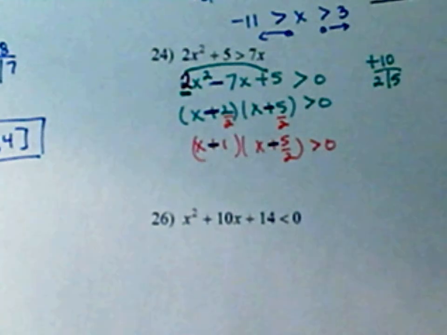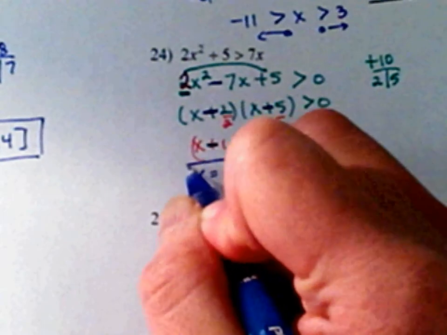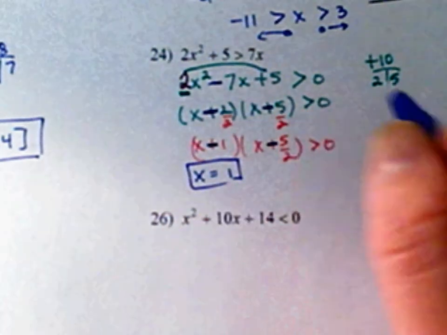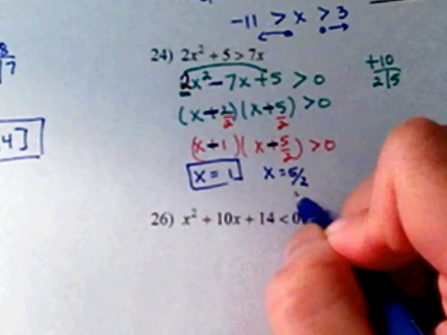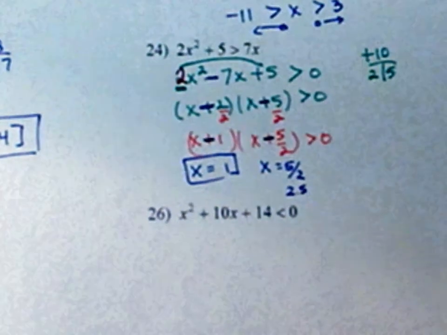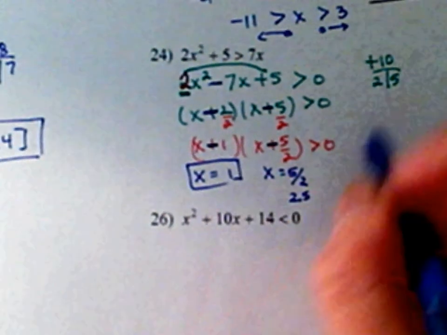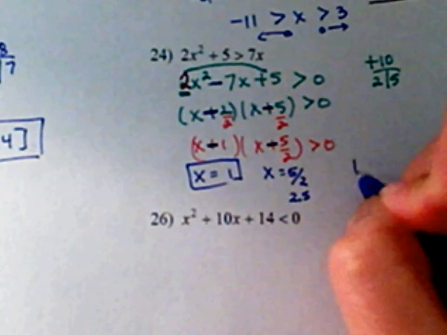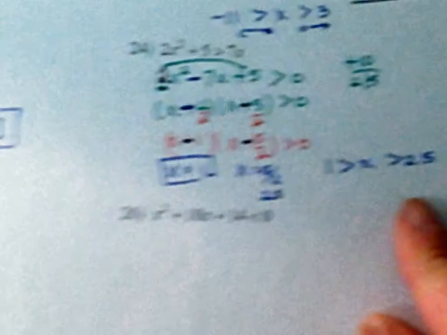Okay, set each one equal to 0, so x is equal to 1. Oop, I didn't need to box that in. And x is equal to 5 over 2, okay, which is the same as 2.5. All right. Let's go ahead and rewrite. Which is bigger, 1 or 2.5? Well, 2.5 is bigger, so 1 is greater than x is greater than 2.5. Is that a true statement?